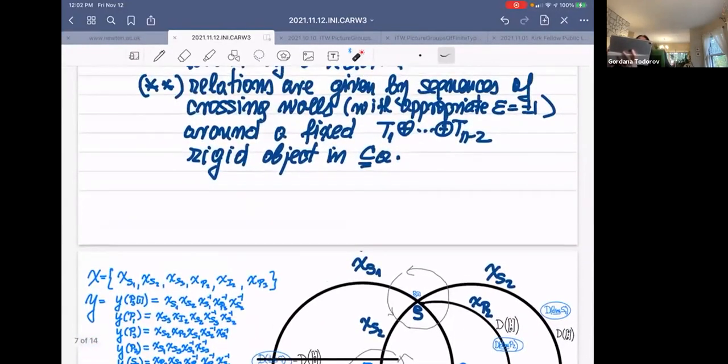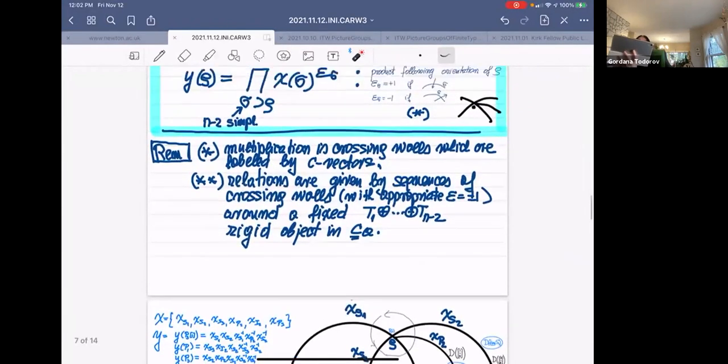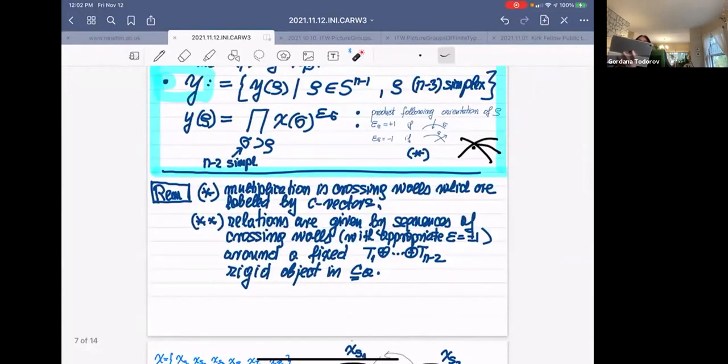And this is just a remark. Multiplication, I'm talking about this part here. So multiplication is crossing walls which are labeled by c vectors. So the multiplication is really crossing walls and keeping track of the orientation of both n-3 and n-2 orientations.